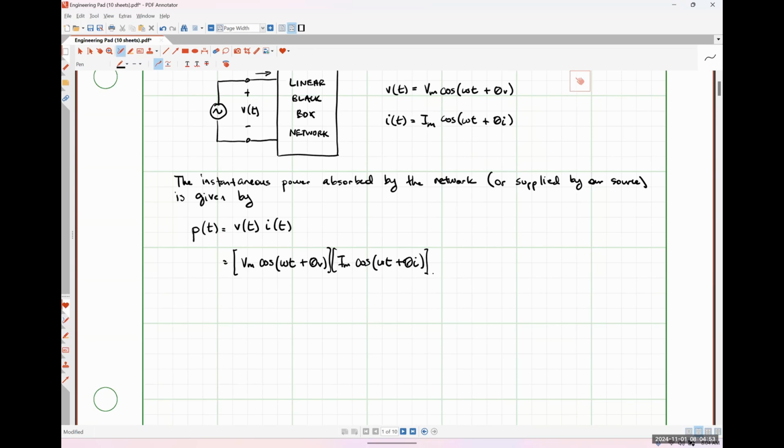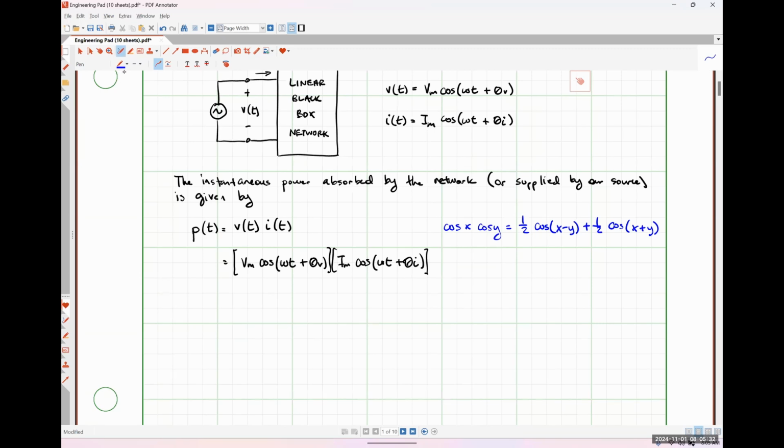So just to remind you all, if I have the cosine of x times the cosine of y, this is the same thing as 1/2 the cosine of x minus y plus 1/2 the cosine of x plus y, where in this case, x is the entire angle omega t plus theta v, and y is the entire angle omega t plus theta I.